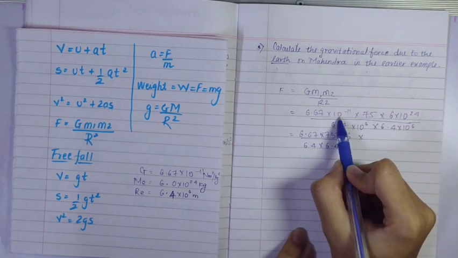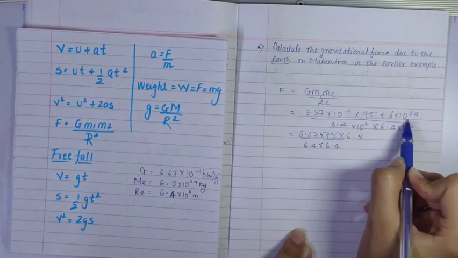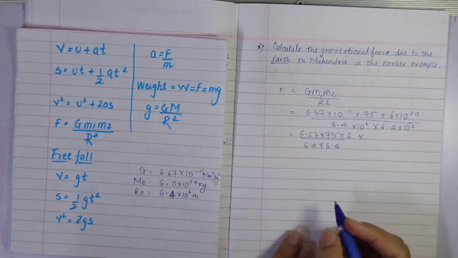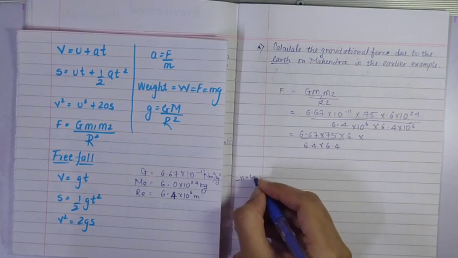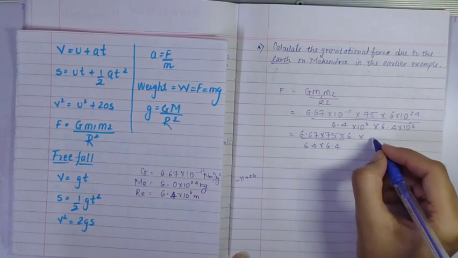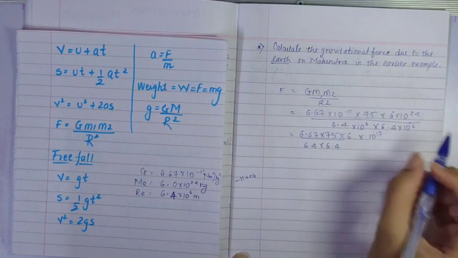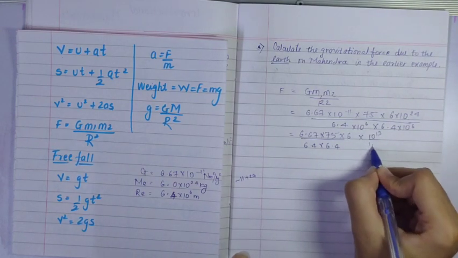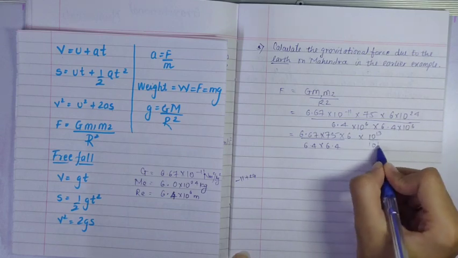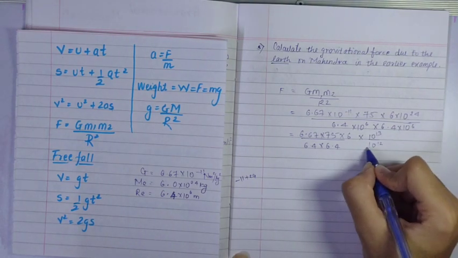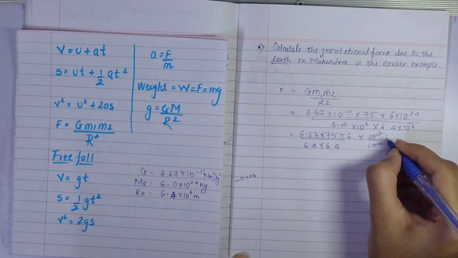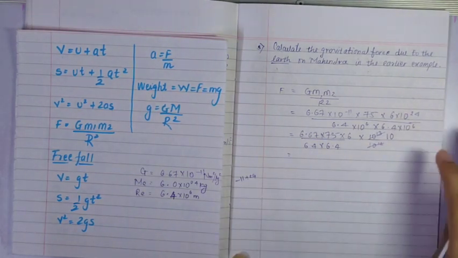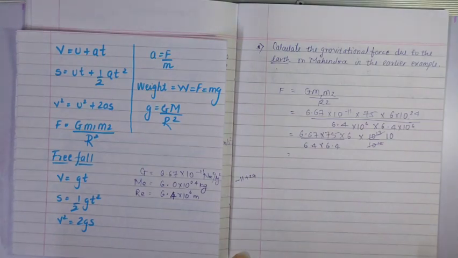So 10 raised to minus 11 and 10 raised to 24. What will it become? Minus 11 plus 24, 13. So here it becomes 10 raised to 13. What remains? 10 raised to 12 remains over here, because 6 plus 6, 10 raised to 12. What will this become? It gets cut away and remains only 10. So all my indices part is gone and only one single 10 remains now.